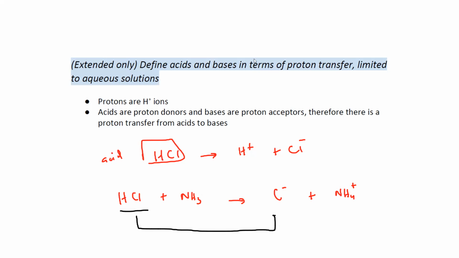Because the HCl turns into Cl, it donates a proton, so we call that an acid. So acids are proton donors, and what are bases? Bases are proton acceptors.